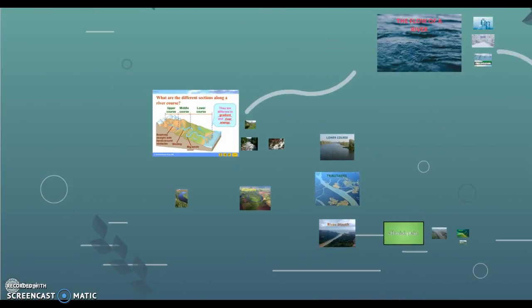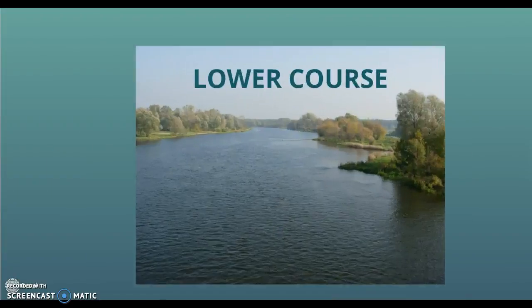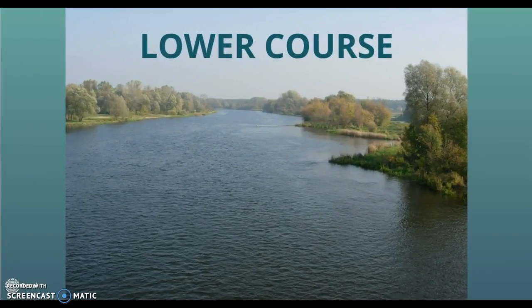Alright, and now at last let's go to the lower course. What it is about the lower course is where you have more abundant water, where abundant water flows. This is the part where the river acquires tributaries.